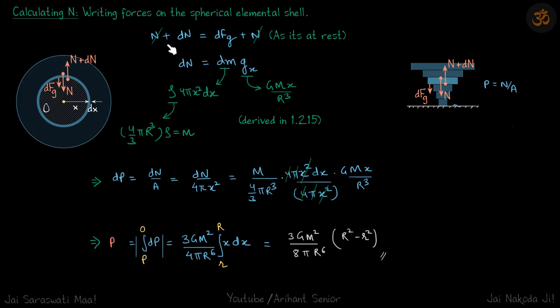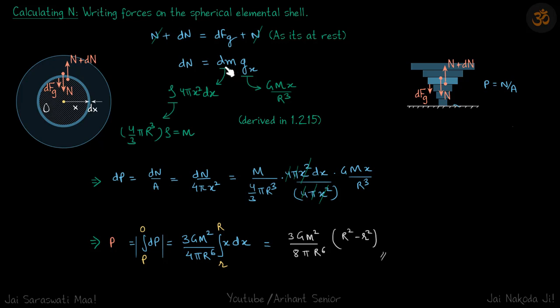So balancing the forces, N plus dN is equal to dFg plus N, as it is at rest. This gives dN is equal to dm into gx, because this dFg is only due to the mass of the shell. Here also this dFg is only due to the mass of this layer. So we have written dFg as dm into gx.